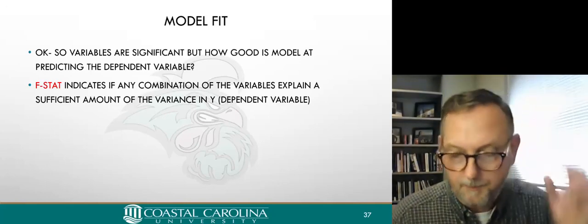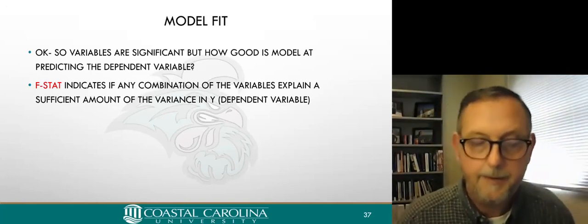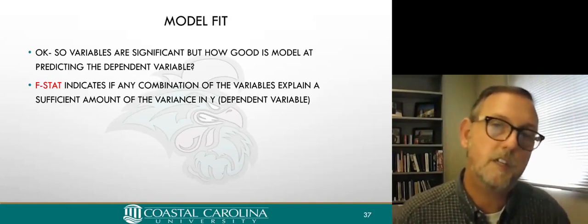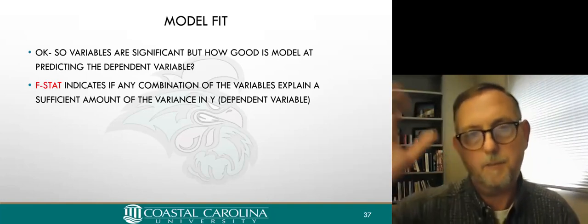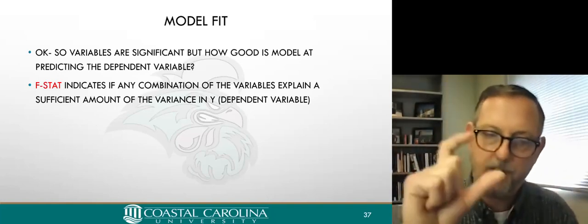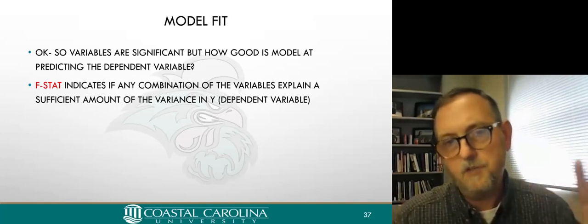There are a couple of things we can look at. First and foremost is what's called the F statistic. The F statistic will be in a box at the beginning of the report, in the ANOVA table.